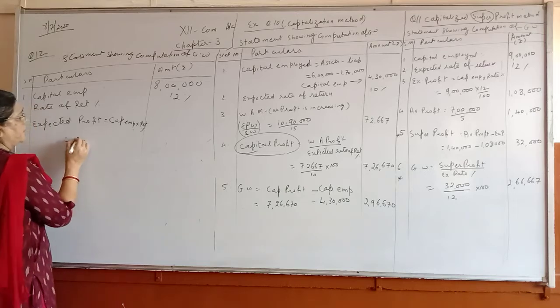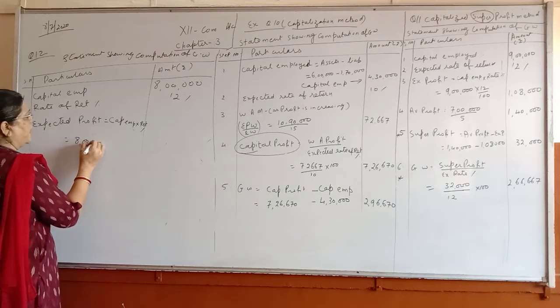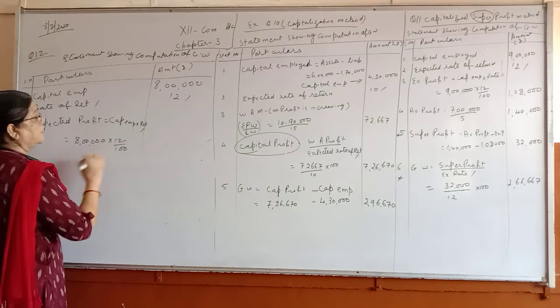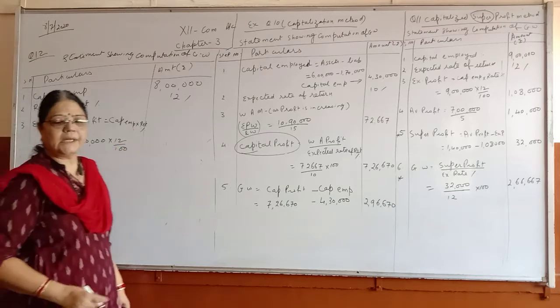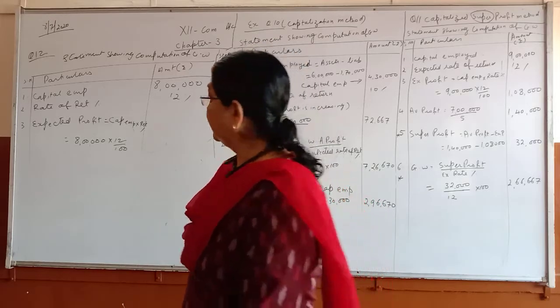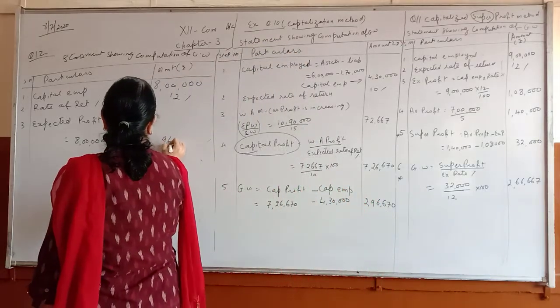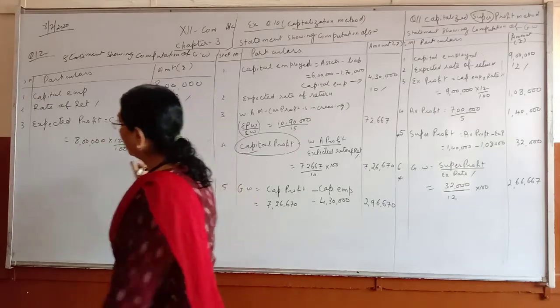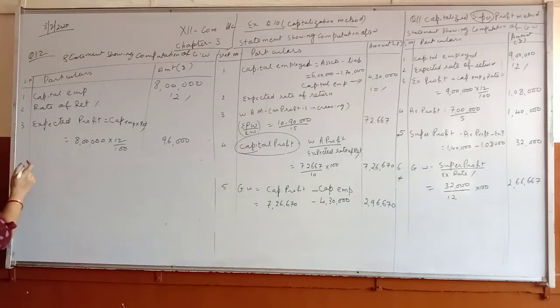So capital employed is 8 lakhs. And how much return do you want on this? 12%. So you will get the return here as 96,000. So this much you want. How much did I want? 96,000.